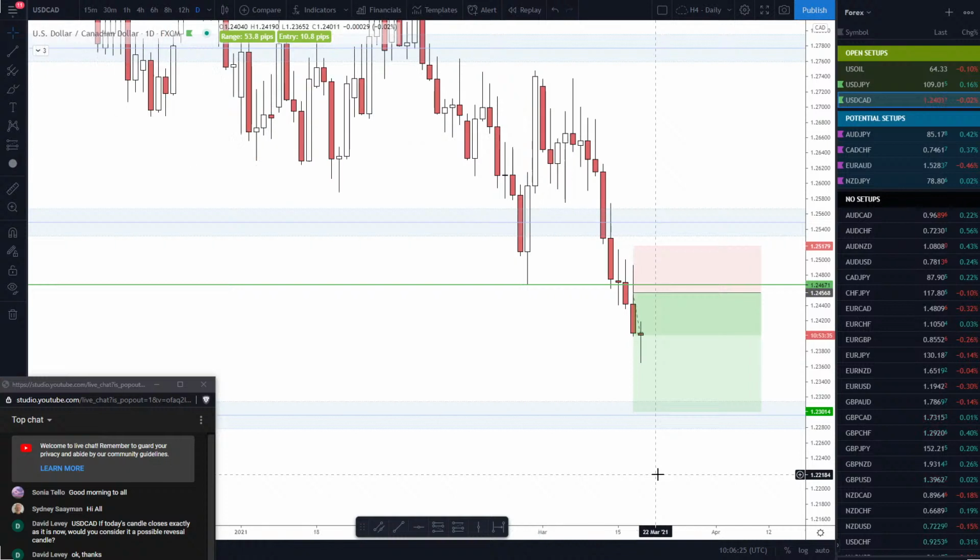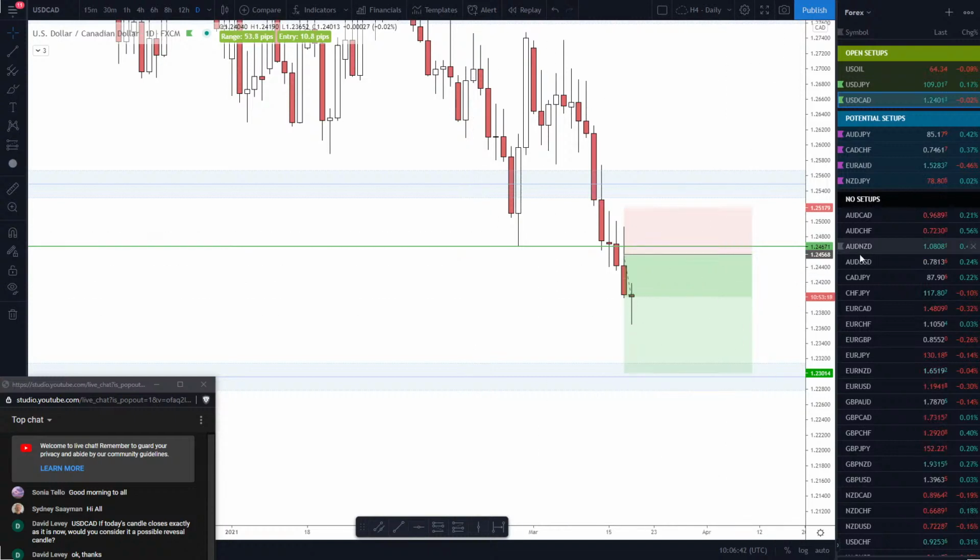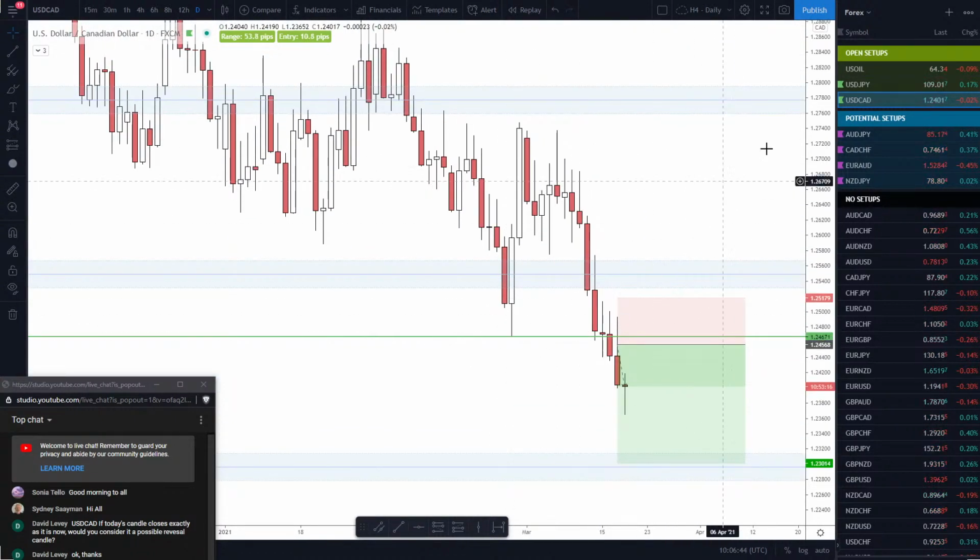And if indecision forms on support or resistance, and then the candle after it starts moving in the opposite direction, it's a pretty good indication that a reversal might be happening. But it doesn't make the indecision candle itself a reversal candle, because indecision can form anywhere, and most times it doesn't mean that there's a reversal happening.